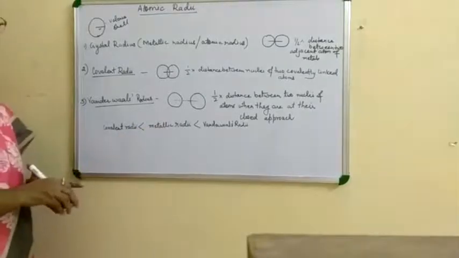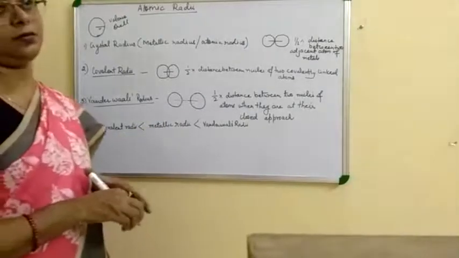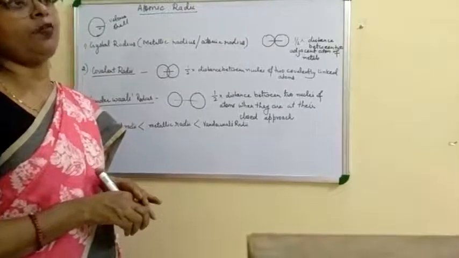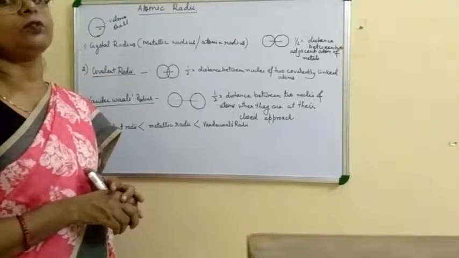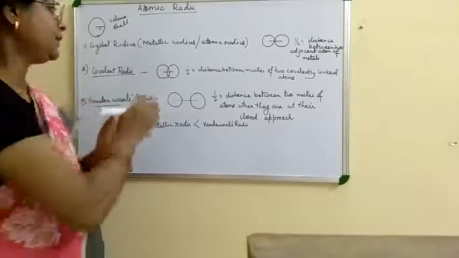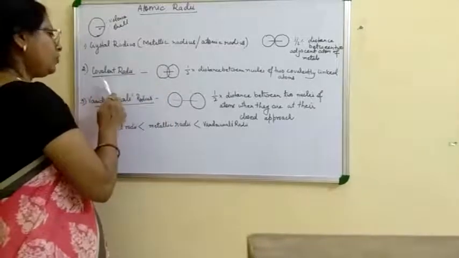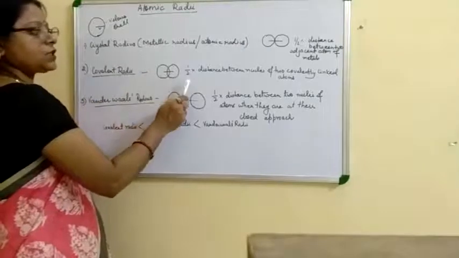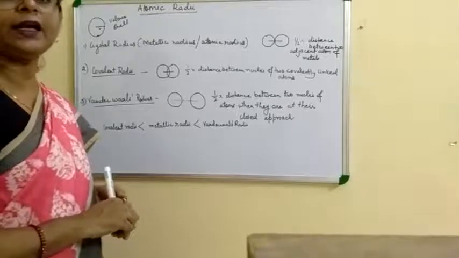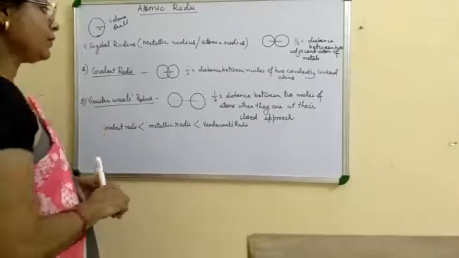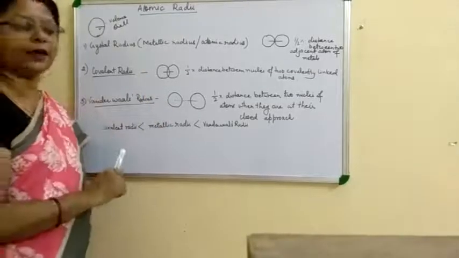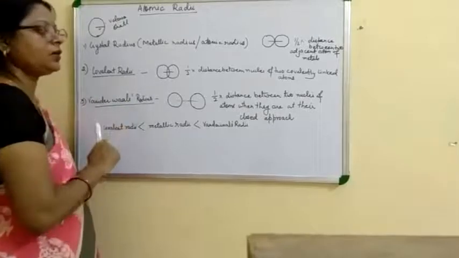Next is covalent radius. When the bond is covalent, similar types of atoms are linked together and form the covalent bond. In a covalent bond, overlapping takes place. That's why covalent radii is half of the distance between the nuclei of two covalently linked atoms. Covalent radii is the smallest radii. Next is van der Waals radius.